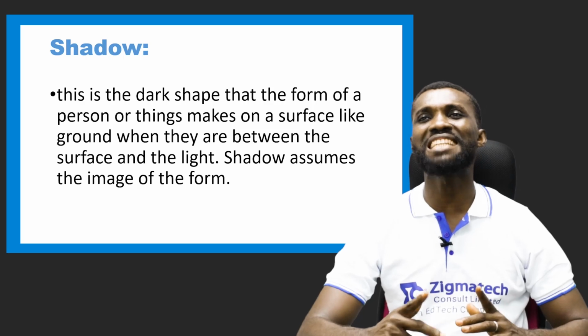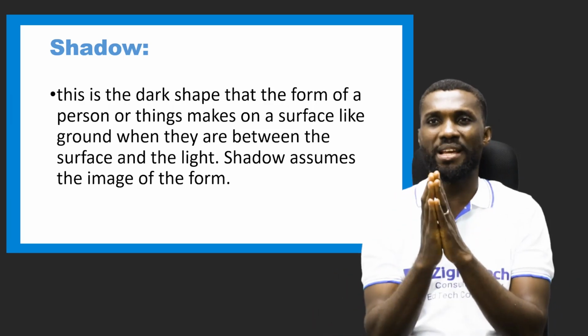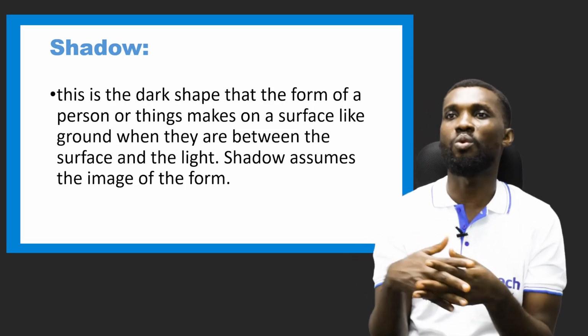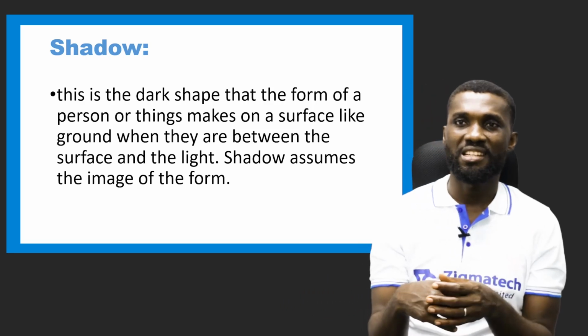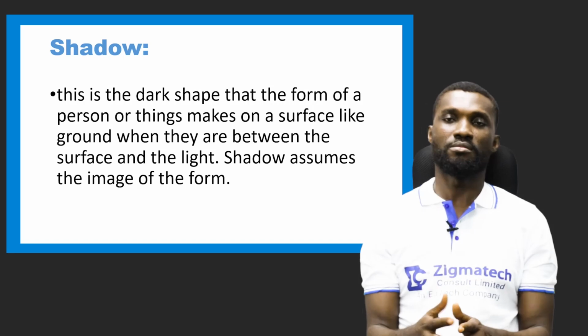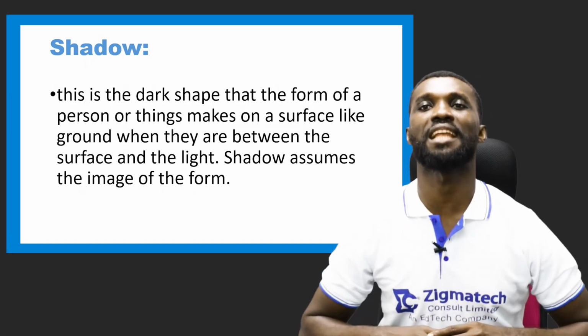Shadow is the dark shape that the form of a person or a thing makes on a surface, like the ground or the wall, between the surface and light. Shadow assumes the image of the form. Shadows are like a block that is blocking a light.